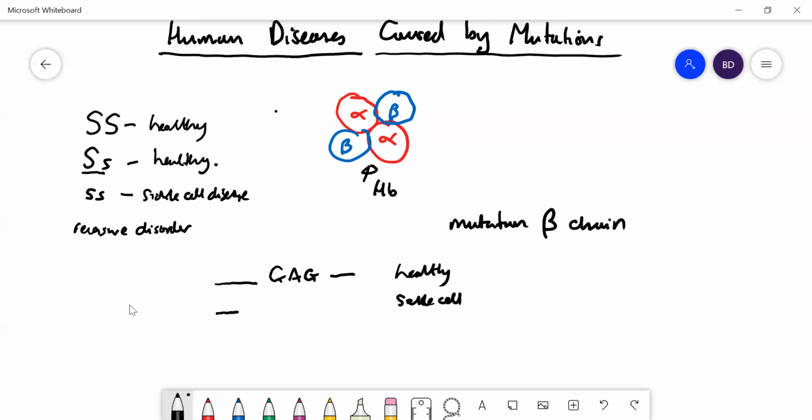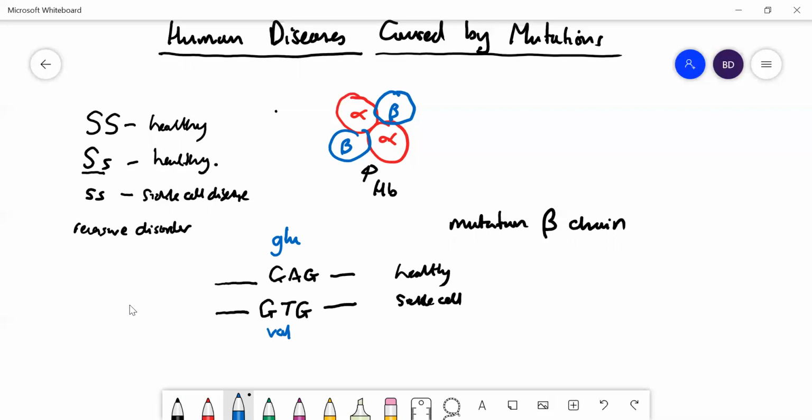One of those codons is changed, so you get GTG. That causes the amino acid it codes for to change. In the normal version it's glutamic acid, glutamate, GLU, and that gets changed to valine in the sickle cell.